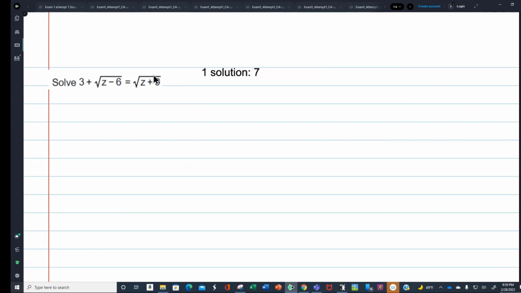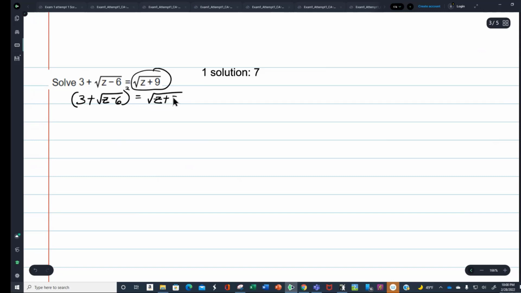We've already got a radical isolated. How about that? So I can go ahead and square both sides. 3 plus the square root of z minus 6 squared equals the square root of z plus 9 squared.